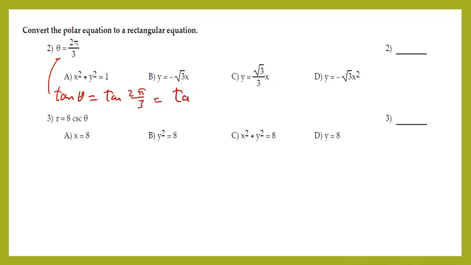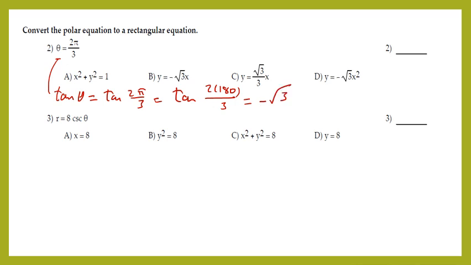By using my calculator, I will write it as 2 times 180 over 3. So tan of 2 multiplied by 180 over 3 is equal to negative root 3.